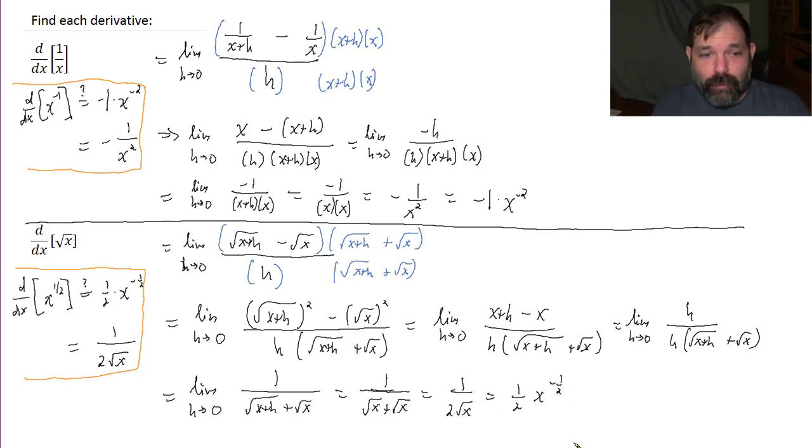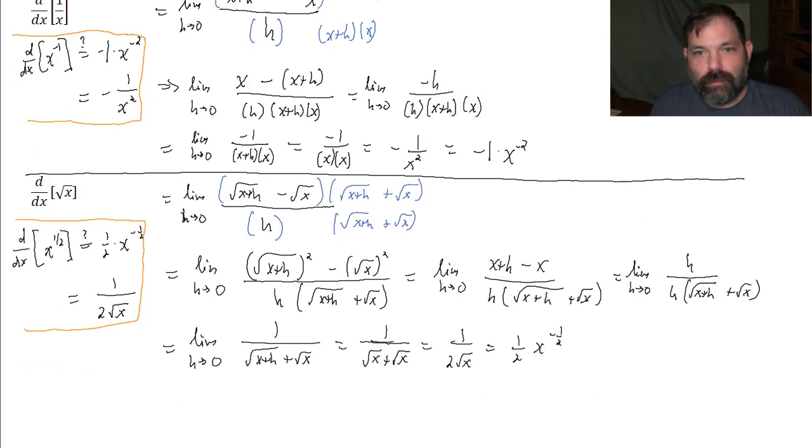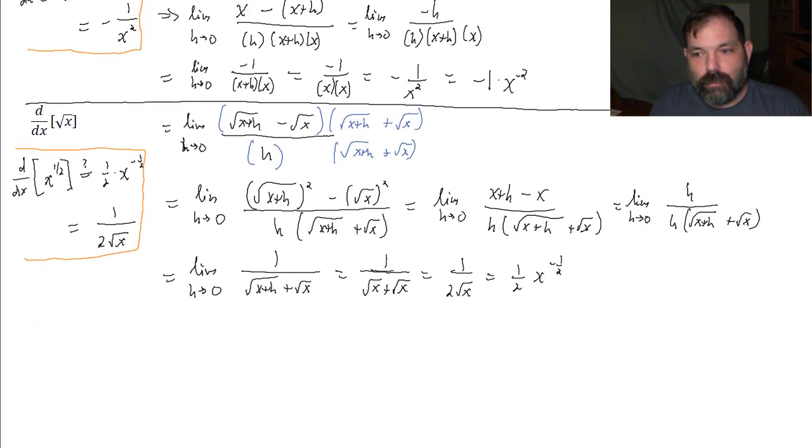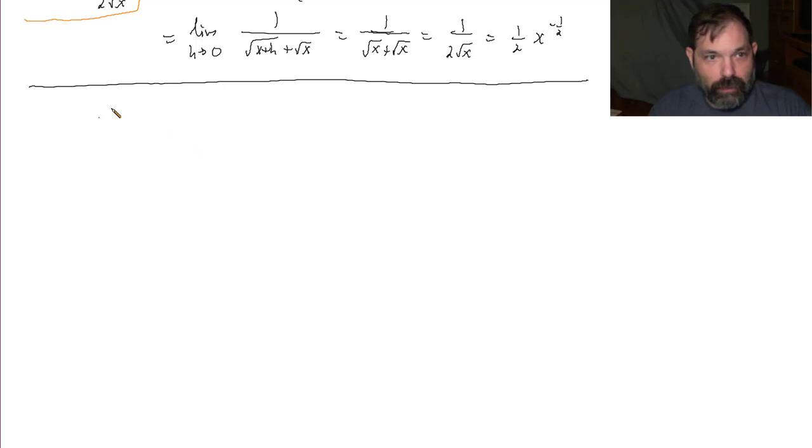Now, we've only seen 6 examples, but it certainly seems reasonable from these 6 examples that there is a pattern forming. And let's express that pattern. And we will call this the power rule for derivatives.